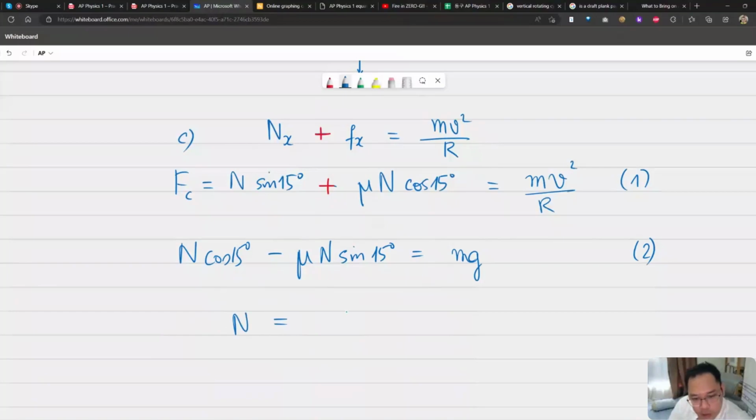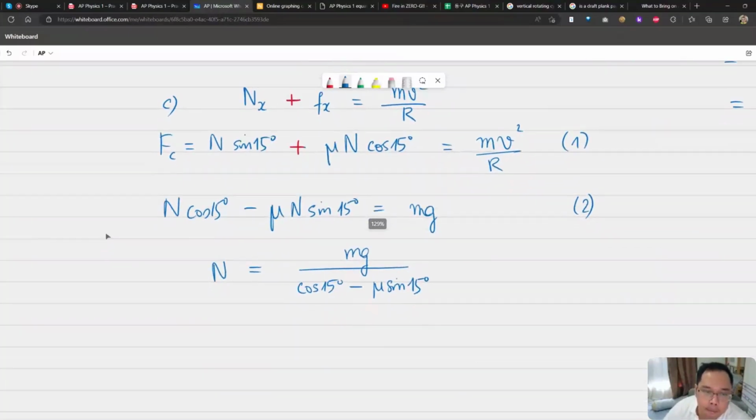So N here is equal to mg divided by cosine 15 minus mu times sine 15, and then replacing into the first equation again.